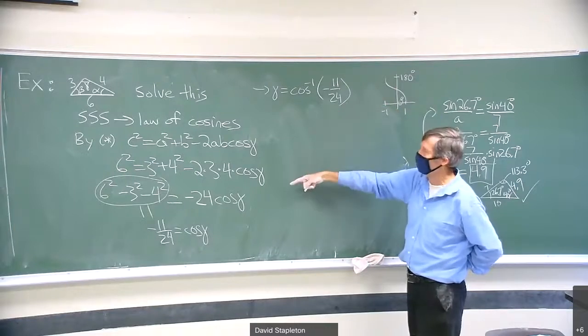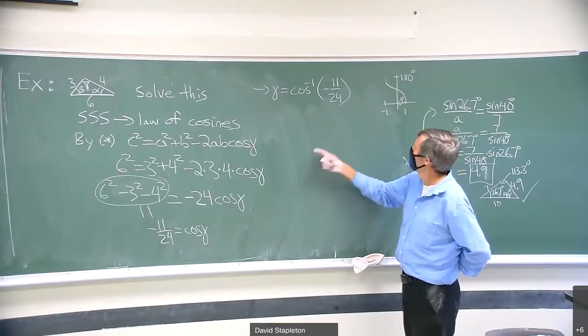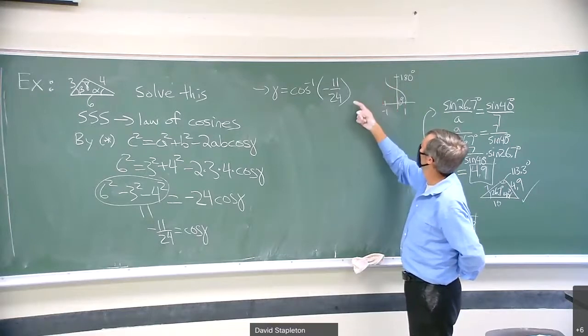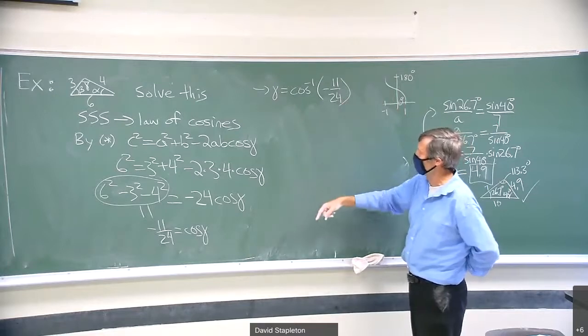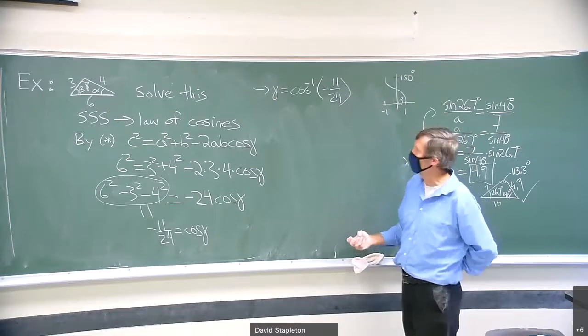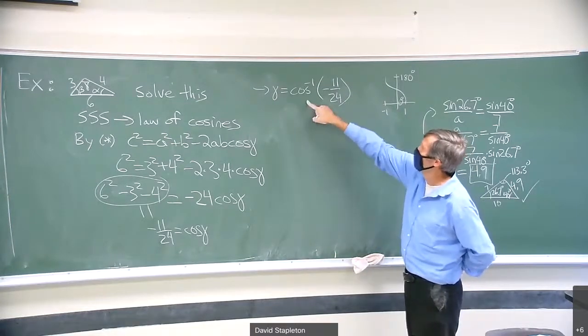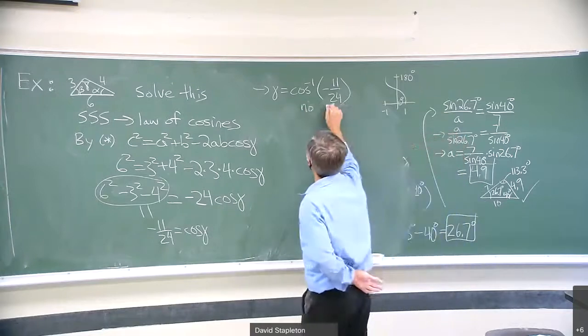That's what you need in a triangle. The triangle has an angle between 0 and 180 degrees. This is the only angle between 0 and 180 degrees that has that cosine. This is the only possibility. So there's no ambiguity like there was in the law of sines. You just take the inverse cosine and it always works. So no ambiguity in the law of cosines.